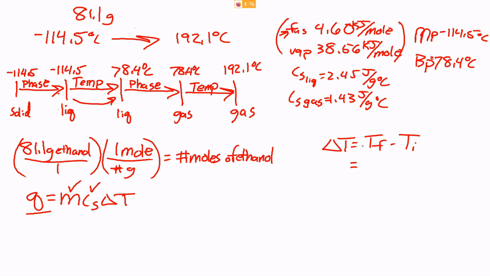So for that one, it would be 78.4 minus negative 114.5. And so you'll get a pretty big change in temperature there. Actually, let me just plug that in real quick.